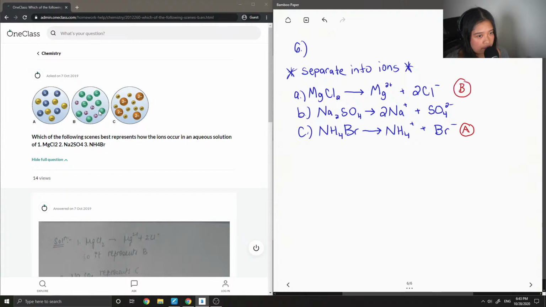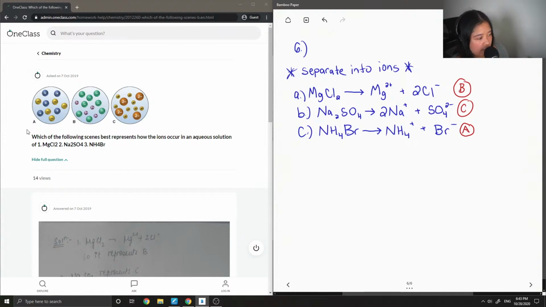So solution B is with that one. And then just by process of elimination, let's also double check C. There are 4 very large 2- charged ions. And then for each one, there are 2 small positively charged ions. So this is similar to the sodium sulfate.